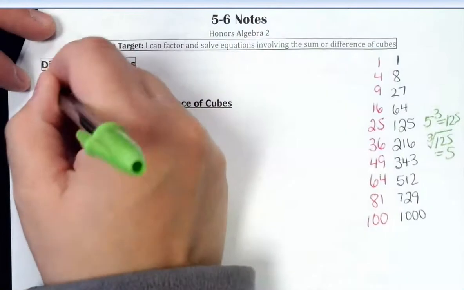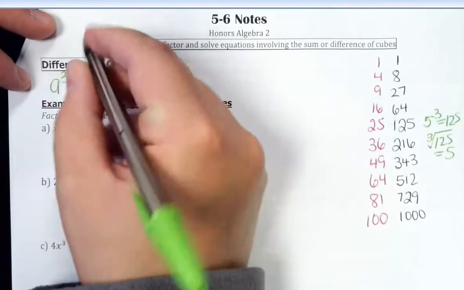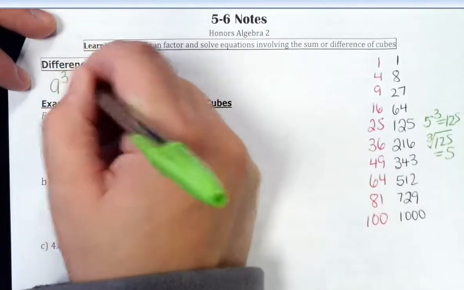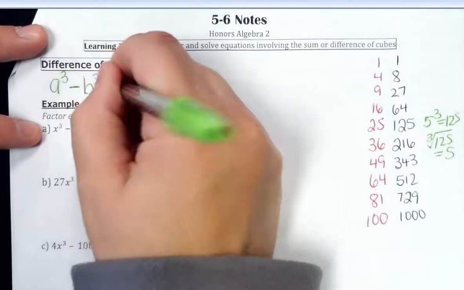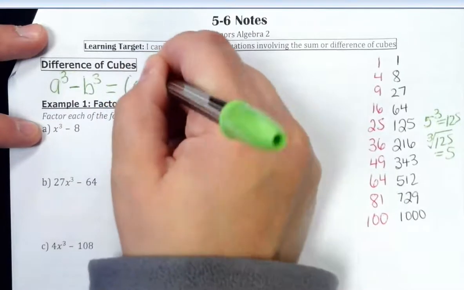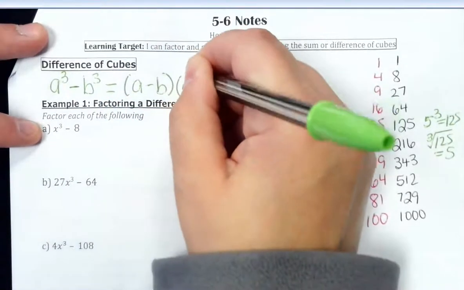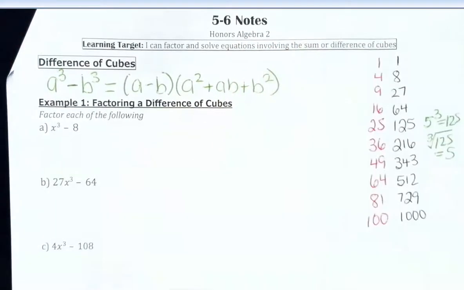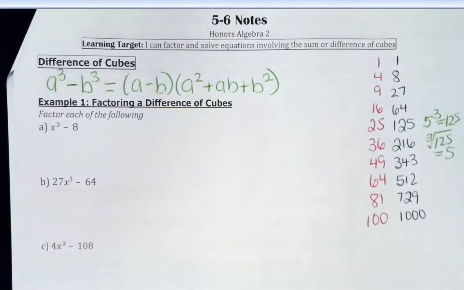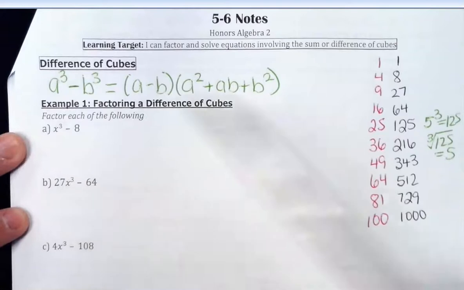So if I have difference of cubes, subtraction, something cubed minus something else that's cubed can be factored into a minus b times a squared plus ab plus b squared. And we're going to go through and talk about this here real quick. So if you look on my list over here, my first term is x cubed, and my second term here is 8. 8 is 2 to the third power.